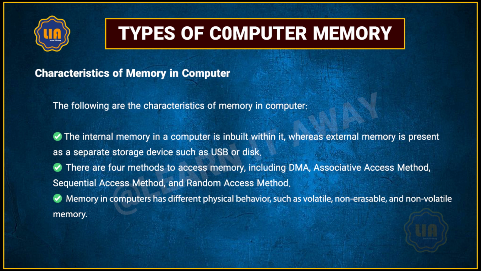There are 4 methods to access memory, including DMA, Associative Access Method, Sequential Access Method, and Random Access Method. Memory in computers has different physical behavior, such as volatile, non-erasable, and non-volatile memory.